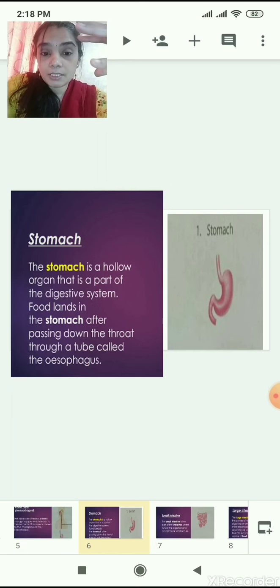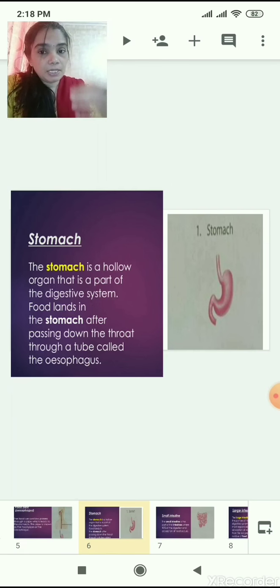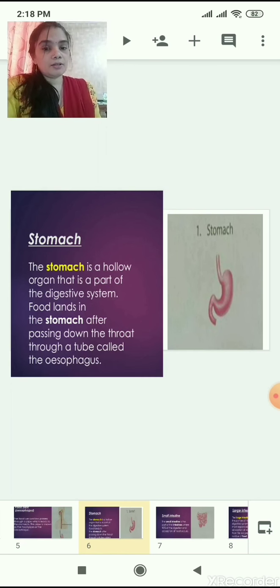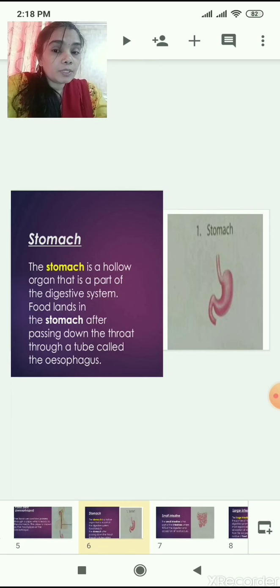It becomes a little big. That means our stomach is getting full, so we are not feeling hungry. Our tummy gets filled with the food, just like how we fill air in the balloon.